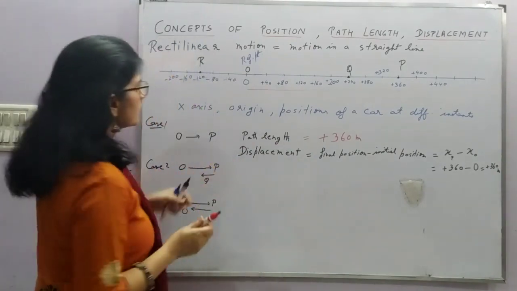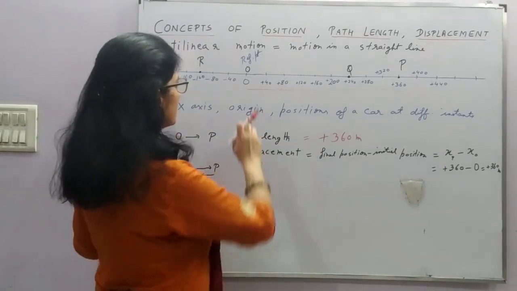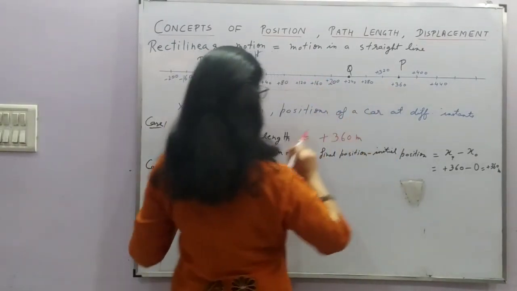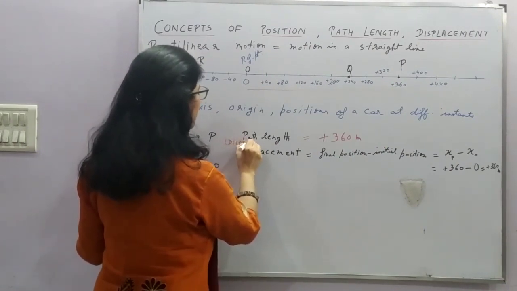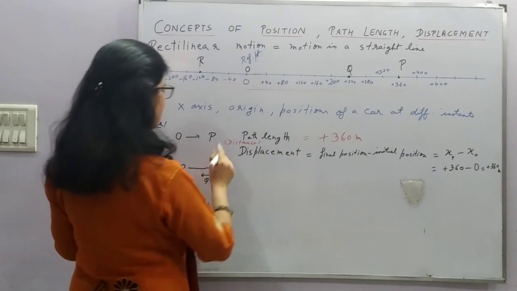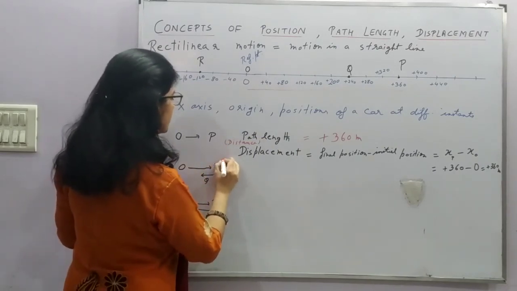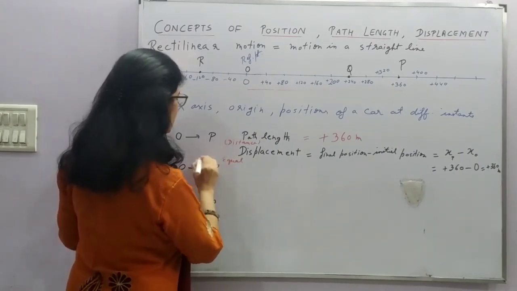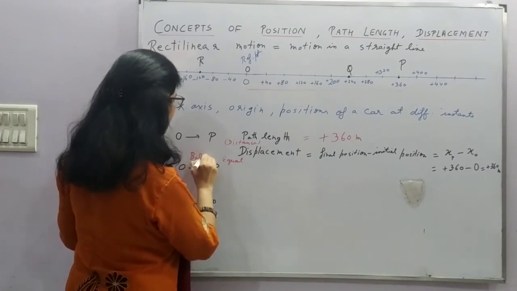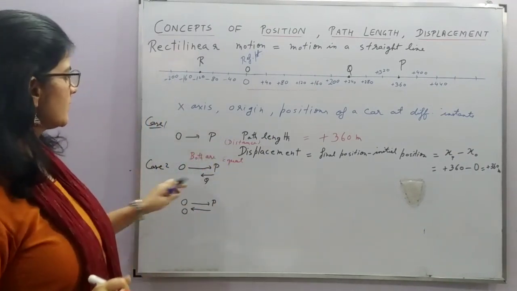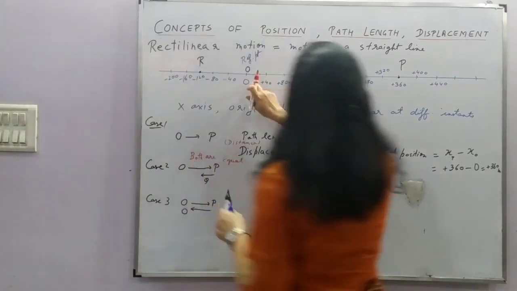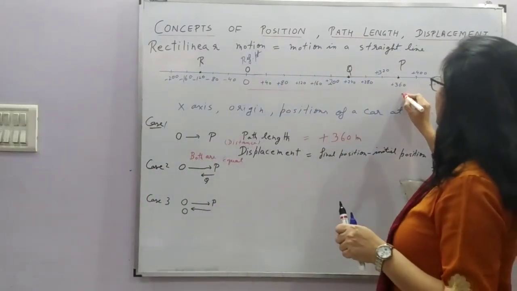Now this path length is actually called distance. So in this case, distance and displacement are equal.